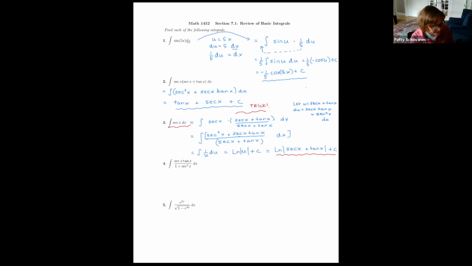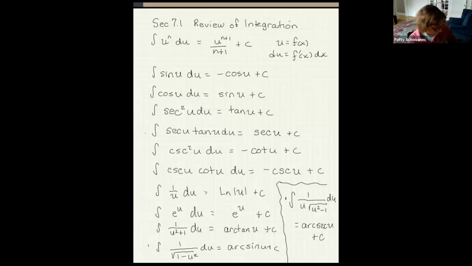So let me pop back to the other page here. These are my formulas.